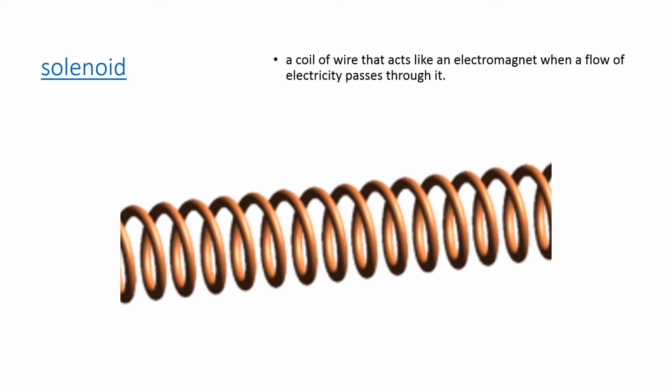This solenoid acts like an electromagnet when a flow of electricity passes through it. Basically, a solenoid is a generic form of a coil of wire used as an electromagnet.